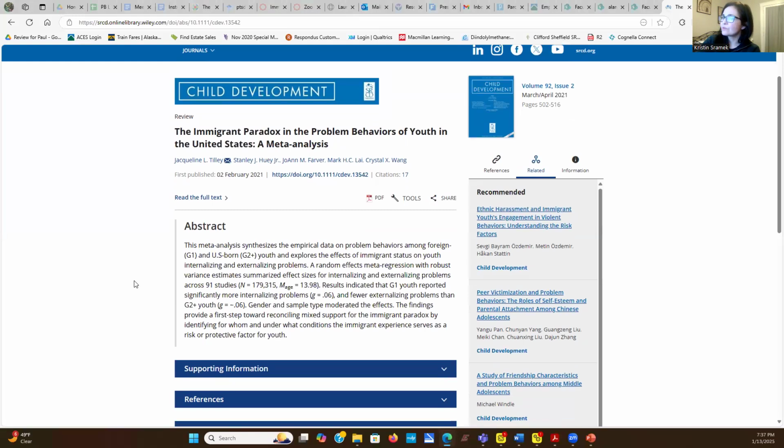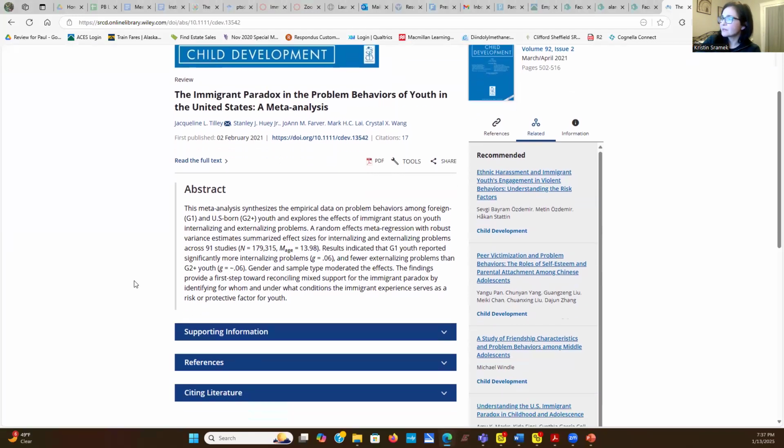problem behaviors of youth. So this meta-analysis synthesizes the data among foreign and US born youth and explores the effects of immigrant status on youth internalizing and externalizing problems. So the results indicated that foreign born youth reported significantly more internalizing problems and fewer externalizing problems.